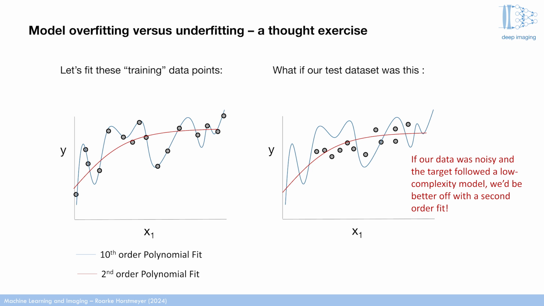So a slowly curving function, like a plus bx plus cx squared, that doesn't work well, quote unquote, on your training data, certainly not as well as the 10th order fit. There's a lot more error in those points, but it does generalize better to your test data.